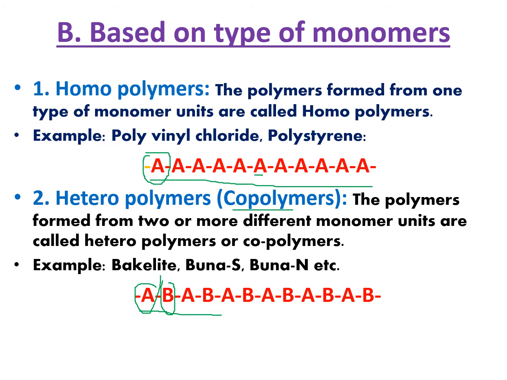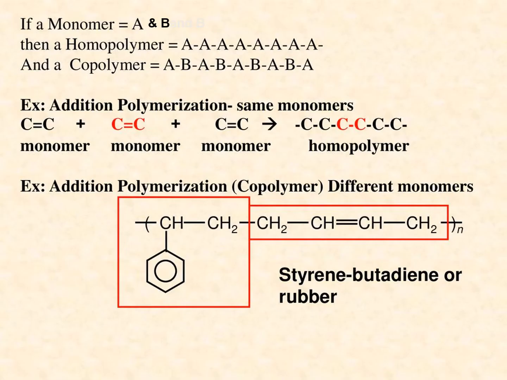This is the classification based on the type of monomers present in the polymer. Next, you can see the examples. If the monomers are A and B, there are two types of monomers, A and B. If only A is involved in the polymerization, it is called a homopolymer. If A and B both are involved in polymerization and form a polymer, it is called a heteropolymer.